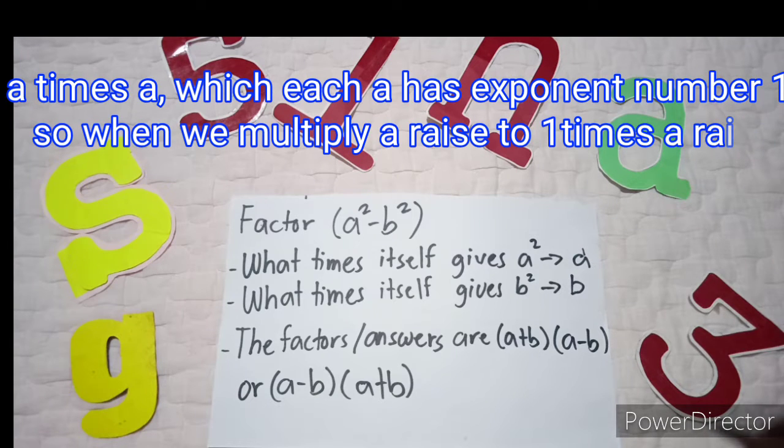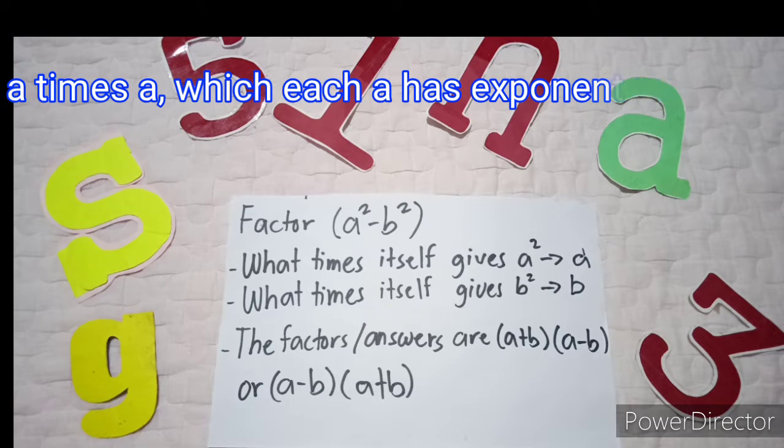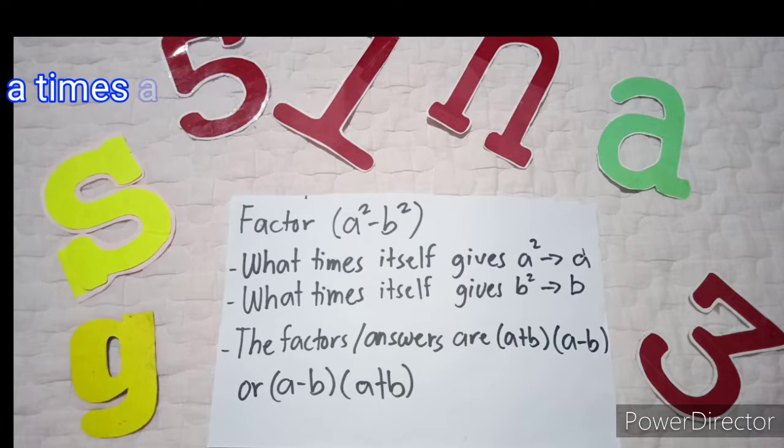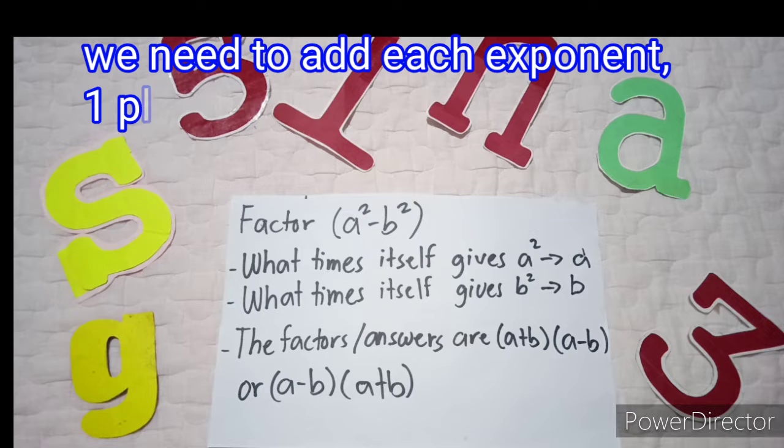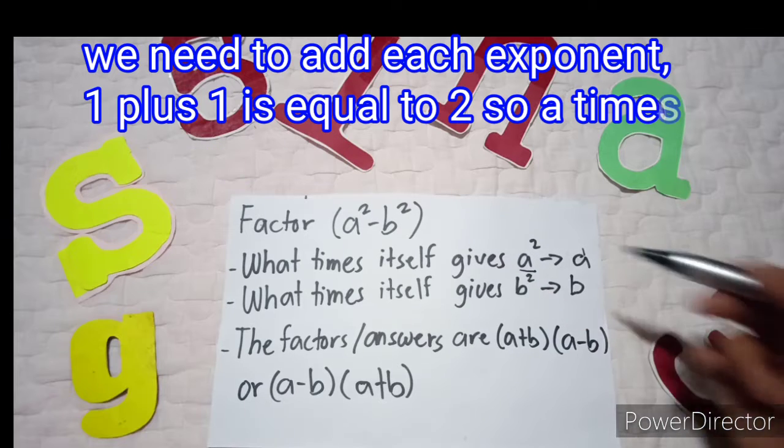So, we multiply a raised to 1 times a raised to 1, we need to add each exponent. 1 plus 1 is equal to 2. So, a times a is a squared.